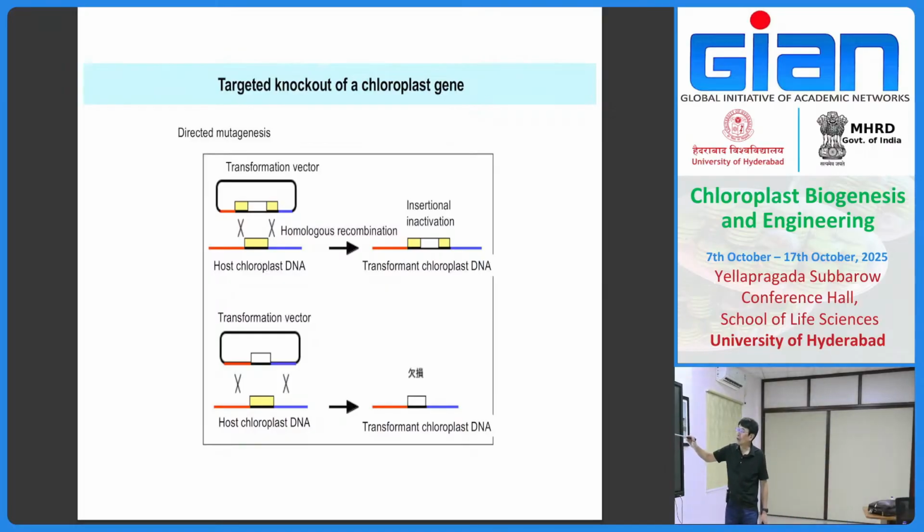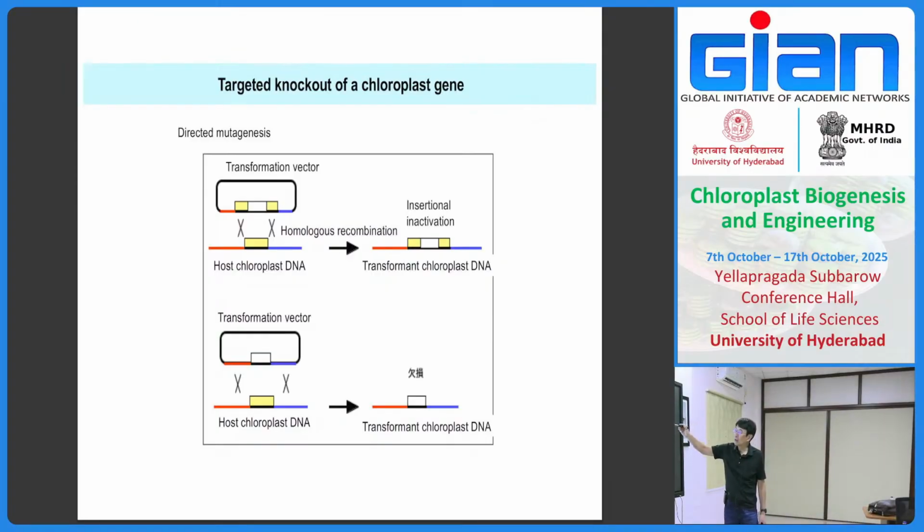We subclone this DNA into the plasmid, and then insert the spectinomycin aadA cassette in the middle of the gene, which gives us spectinomycin resistance, the white part.